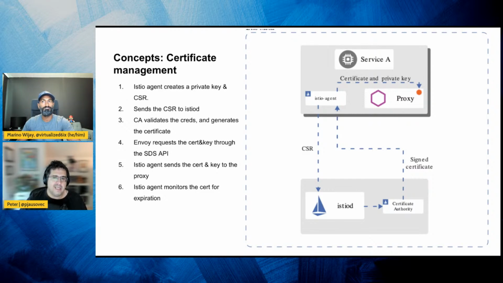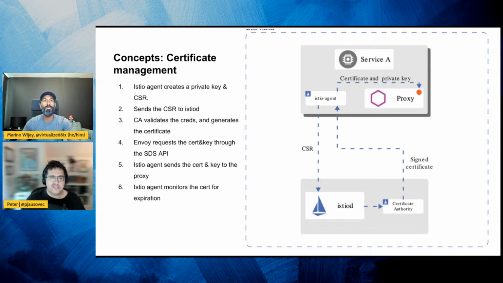What happens is that when the sidecar container starts, the Istio agent is going to create a private key and a certificate signing request. It's going to send that request to istiod. Istiod will validate it, generate a signed certificate, and send that back to the Istio agent.